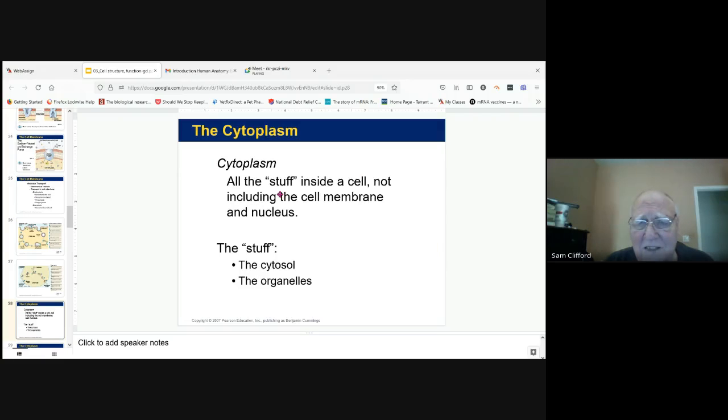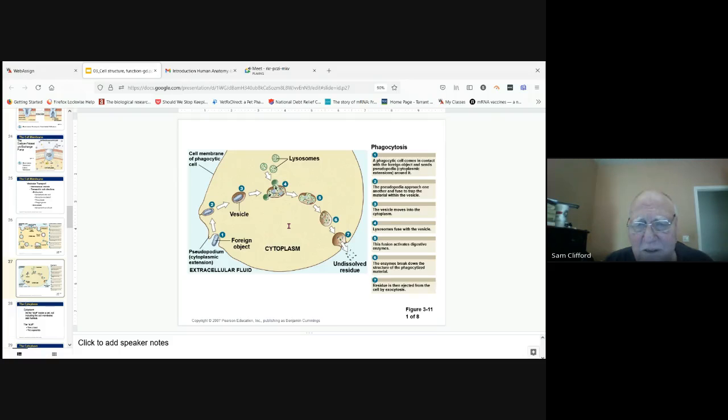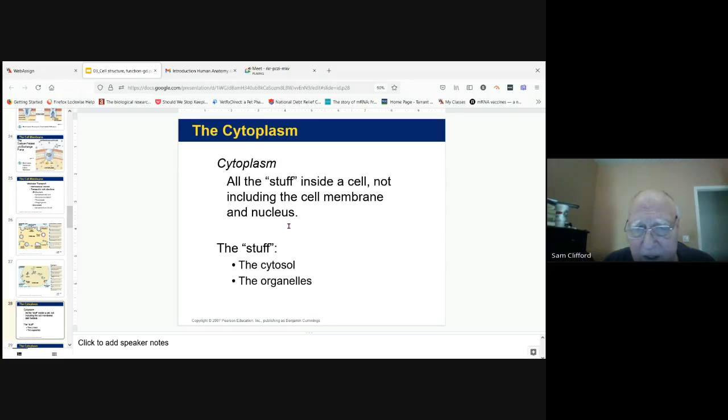The stuff inside the cell is cytoplasm. It includes the cell membrane, nucleus. The cytosol is the cytoplasm, and within that cytoplasm, there are organelles such as mitochondria, nuclei, endoplasmic reticulum. So make sure you read through the list of organelles and make sure that you know what each one does.